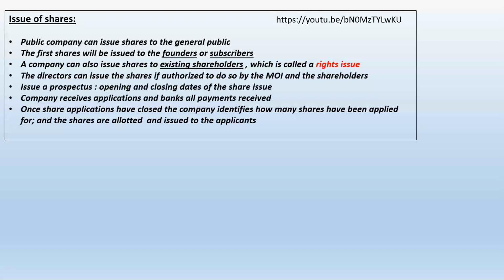A company can also issue shares to existing shareholders, and we call that a rights issue. Now, let's say, for example, a company has been in existence for quite some time. After 5 years, they want to enter into a project that requires a huge capital investment. Let's take a mine, for instance. Let's say the mine has raised initial capital. It has sunk its shafts.